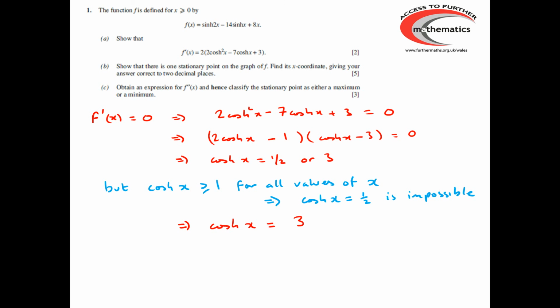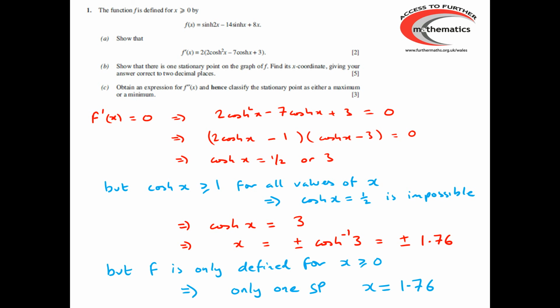Cosh x equals 3 has got 2 solutions, namely x equals plus or minus cosh to the minus 1 of 3. So x is plus or minus 1.76. But the function f is only defined for positive values. So the function f has only got one stationary point, and that is x equals 1.76.